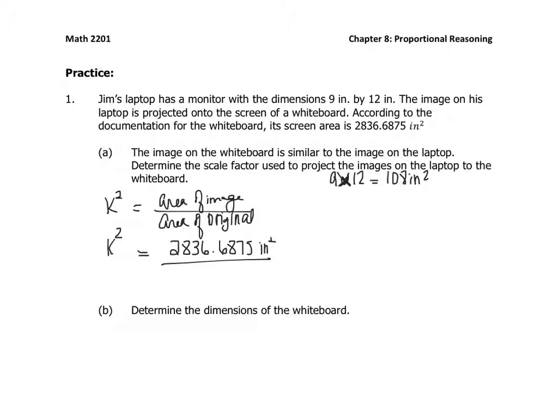And that would give us k squared equals that, which if I divide those two, 2,836.6875 divided by 108, I get 26.2656. So k is equal to the square root of that, which is 5.125. So that would be your scale factor.